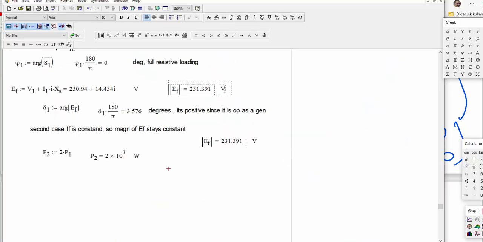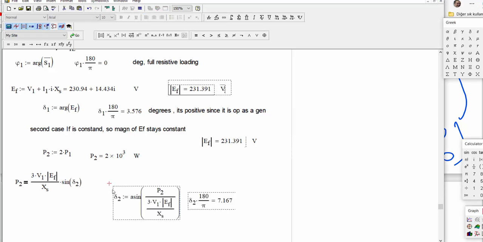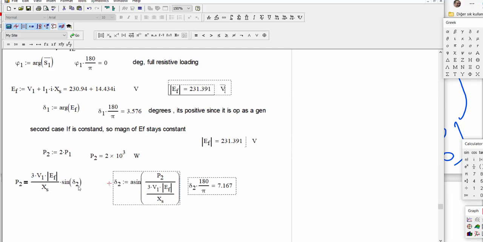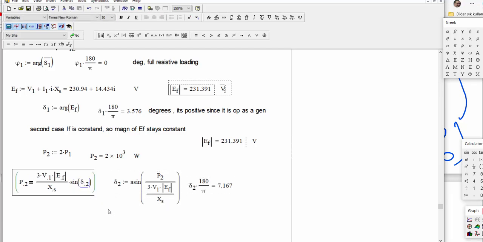Okay, let's do it. Let me find the equation here. That is the power equation, and I want to calculate delta 2, which is the new value, and it can easily be taken out here.